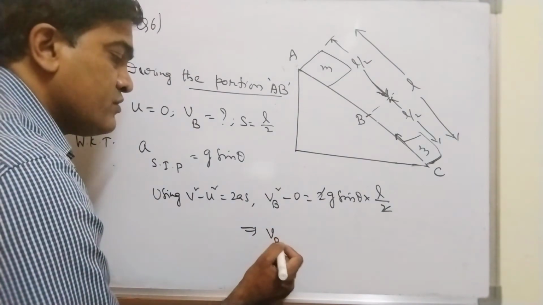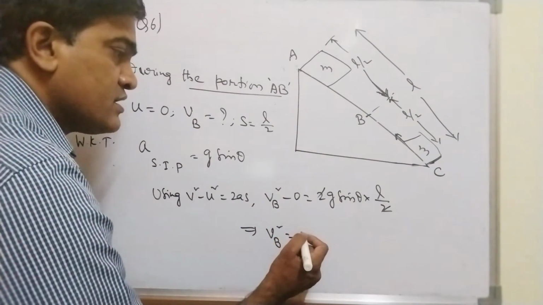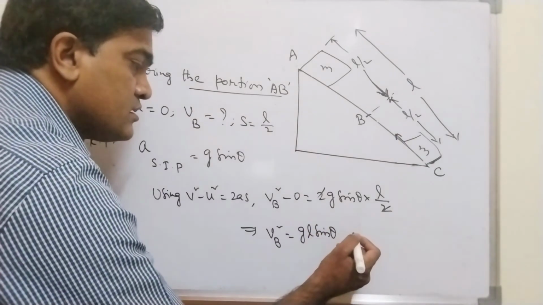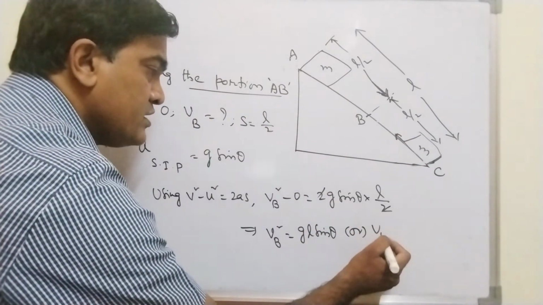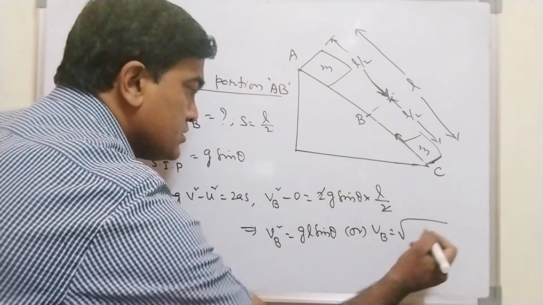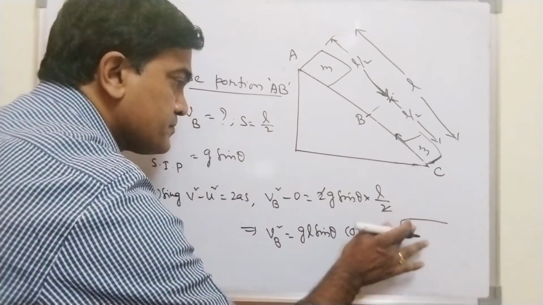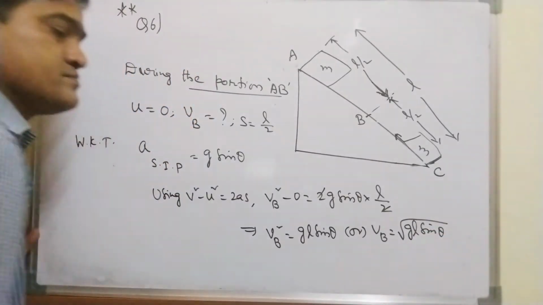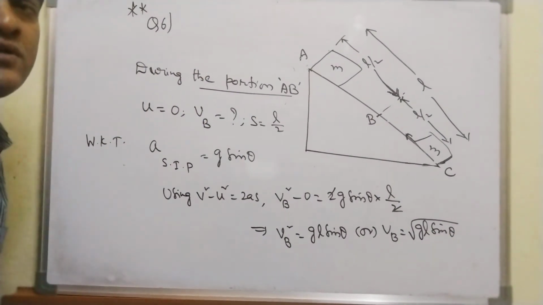I am getting vB square value as gL sin theta, or I can write vB is equal to square root of gL sin theta. Right? Till here you copy.